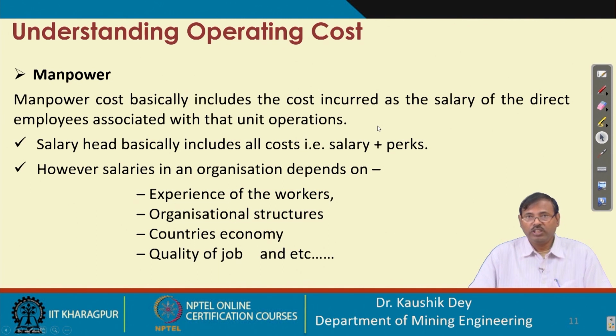This is very important, because during planning these assumptions of consumables, say for tires, for drill bits, are very important. The life of the drill bit changes from rock to rock. We have already seen that the drilling rate depends on the bit life also.